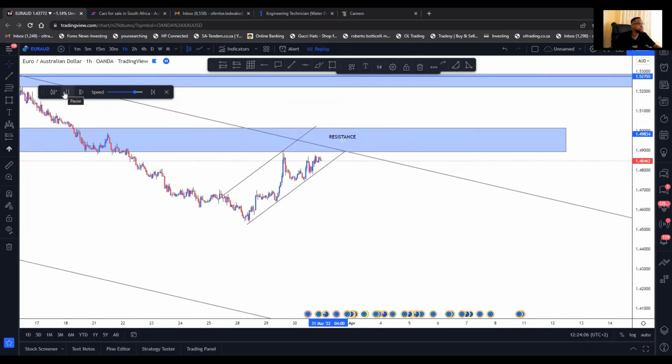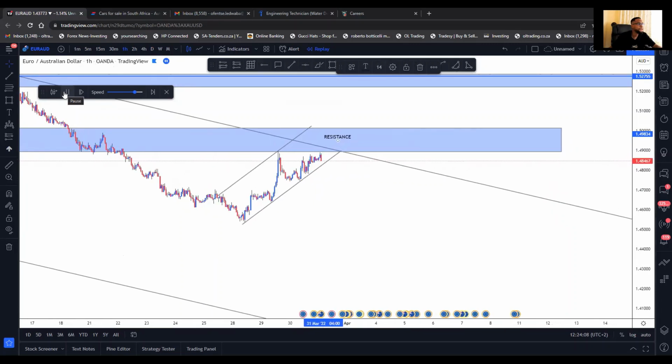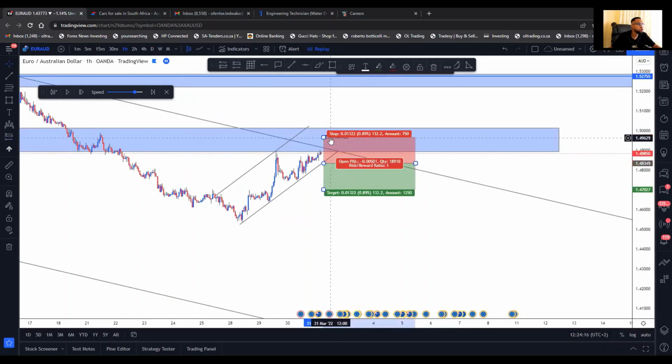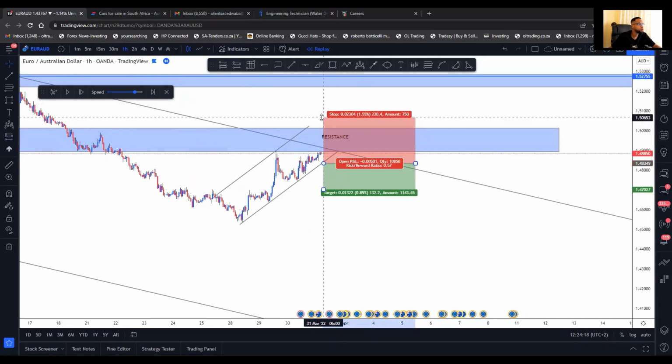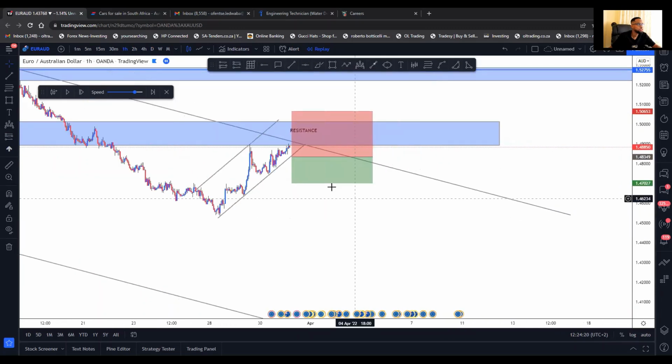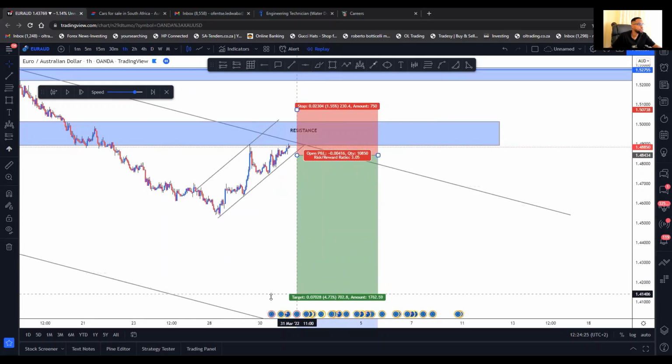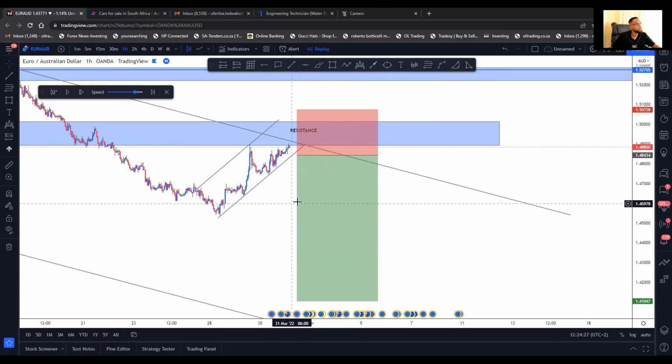So now we are having a correction. Then here it is. Look what you would have capitalized. You could put your sell stop just here, and then you take it all the way down.